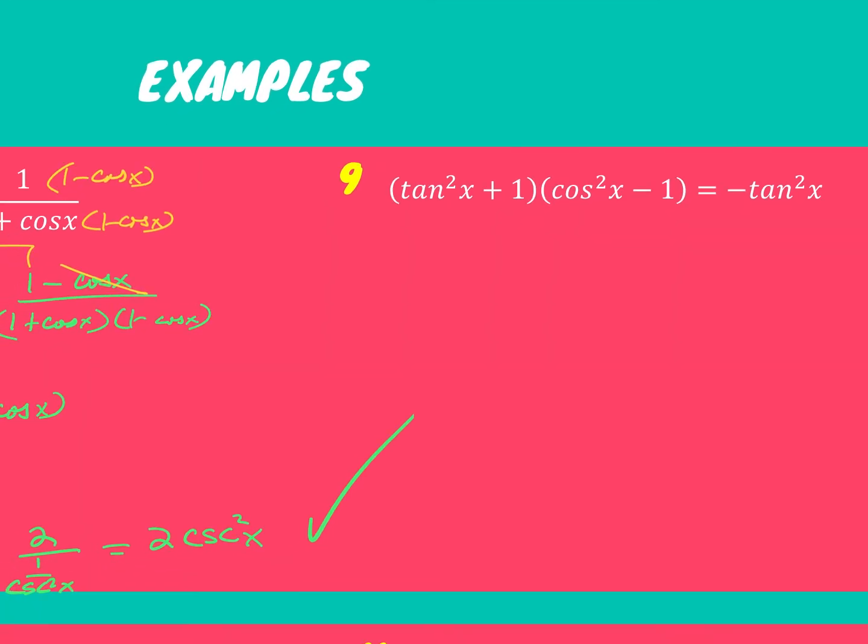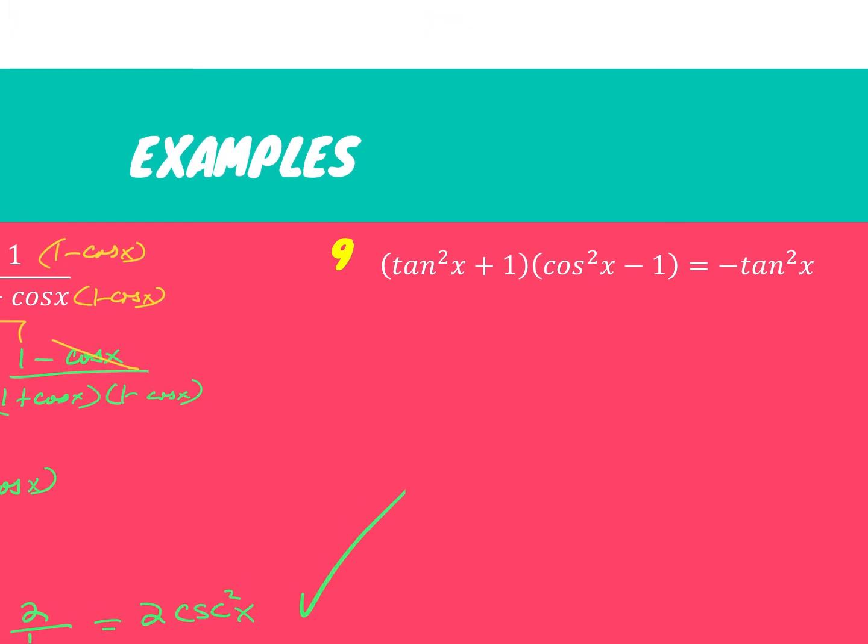For this one, I'm going to go ahead and use 2 Pythagorean identities, and I'm going to do substitution. So I'm going to be using the tan squared x plus 1 equals secant squared x.